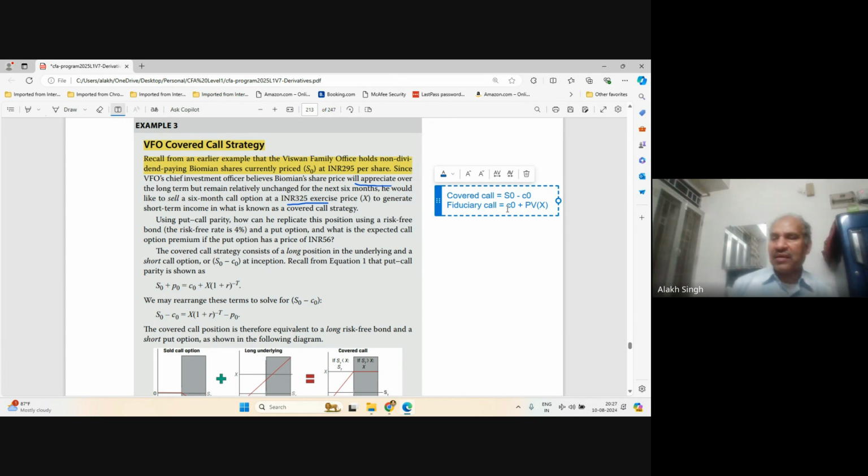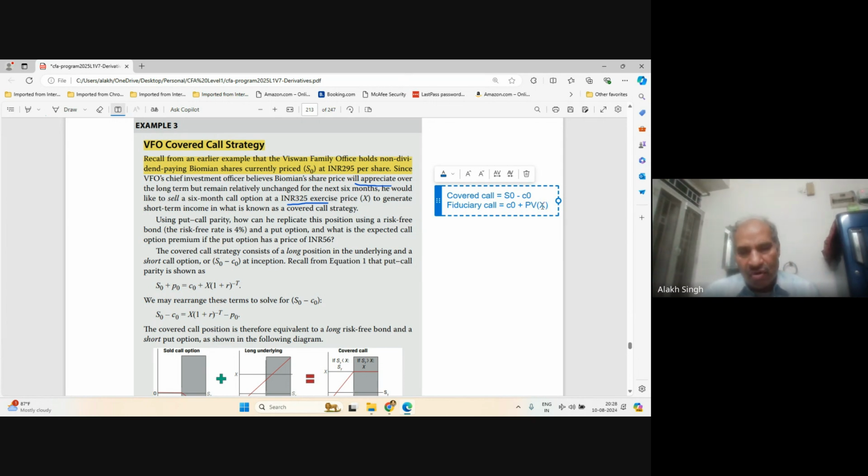So you are thinking that you will have a minimum present value of X, and if the market goes up, then you will have unlimited gain, by the amount the market goes above X. So a fiduciary call is such that if the market goes up, you benefit. If the market doesn't go up, you are guaranteed X.